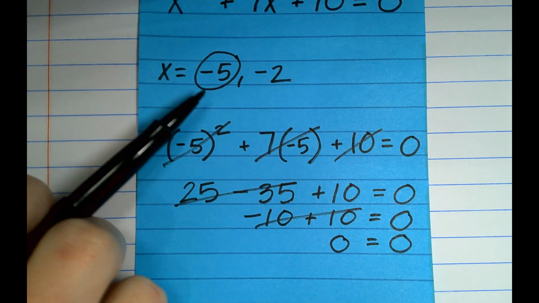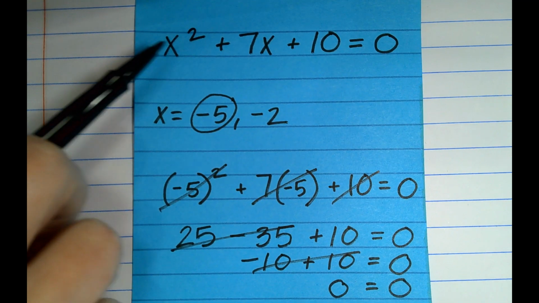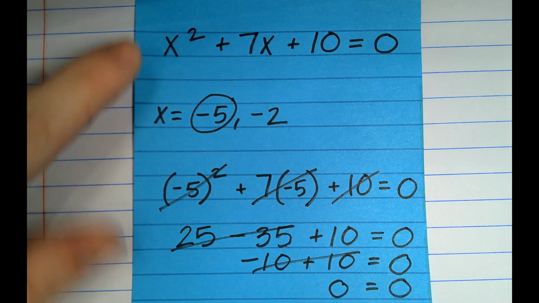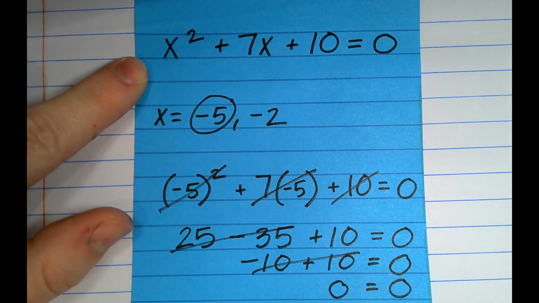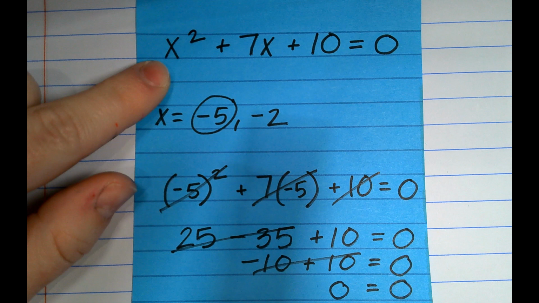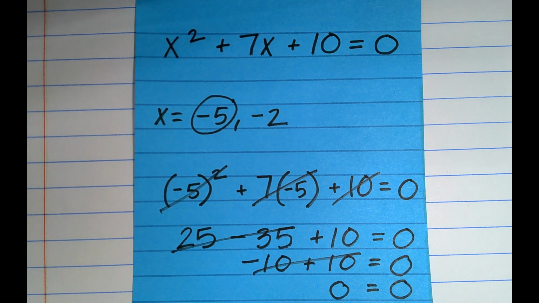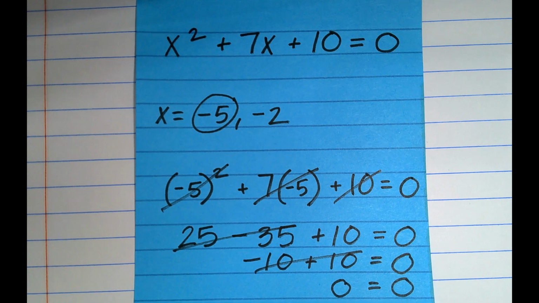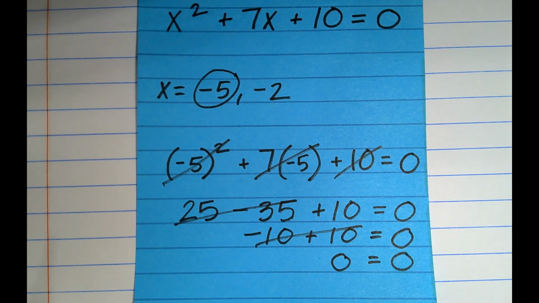So negative 5 is a correct answer for x. That's what we're finding when we solve these problems. We're still trying to figure out what value, what number can I put into this problem that will make it true. I need it to equal 0. So these numbers work. We could also do it with negative 2 and it's also going to equal 0.